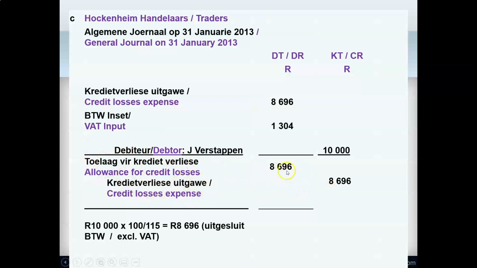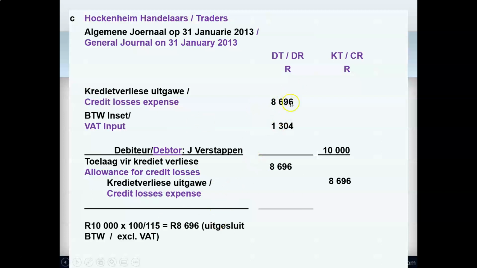Then you will have an allowance for credit losses at the balance that you need at year end. Whatever you pass against your credit losses account, together with the existing amounts already passed against that account, will show the correct amount that you should show in that financial period as a credit loss expense.